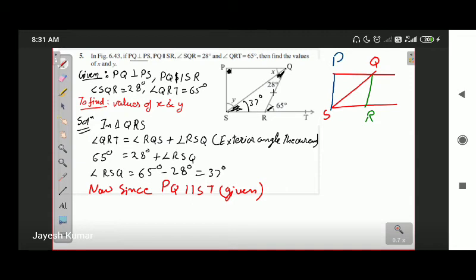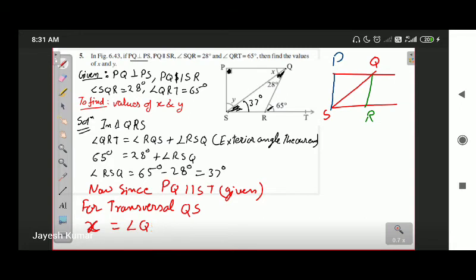So what happens here is, when transversal QS is considered, angle X, so let's say X, should be equal to angle QSR.